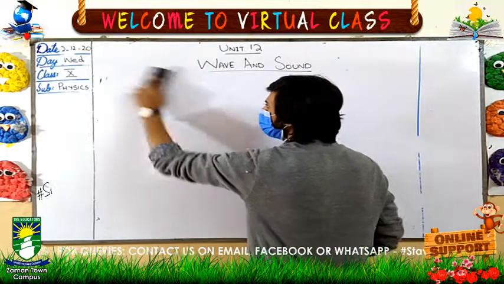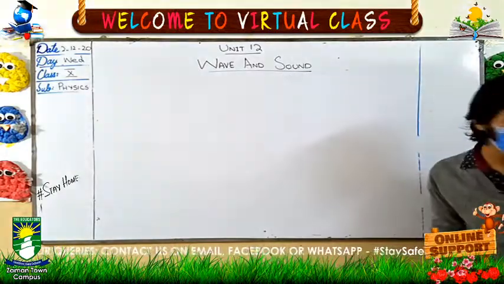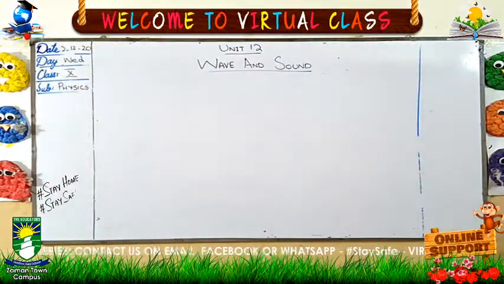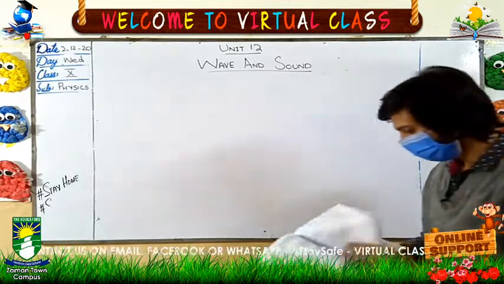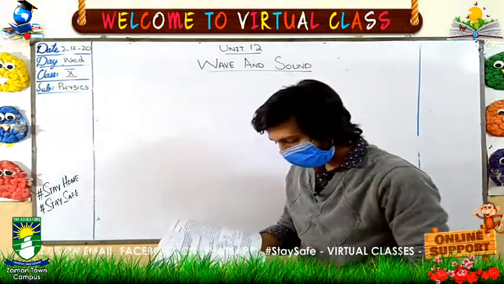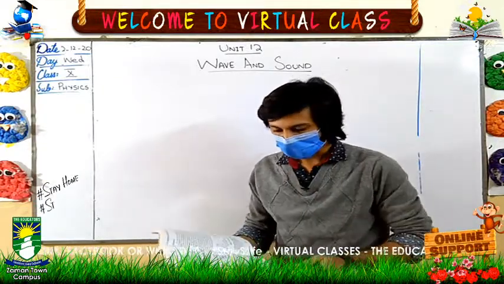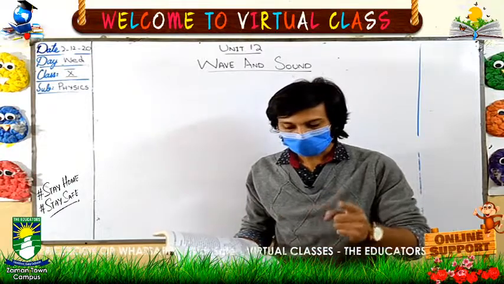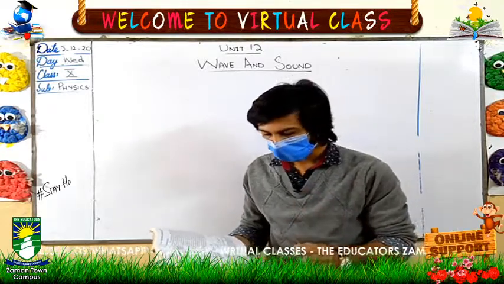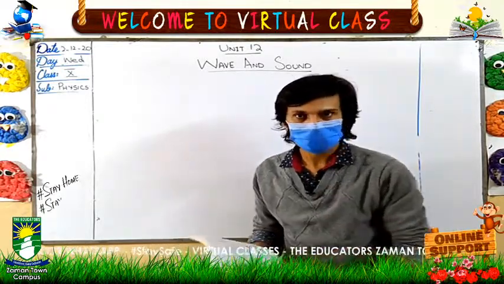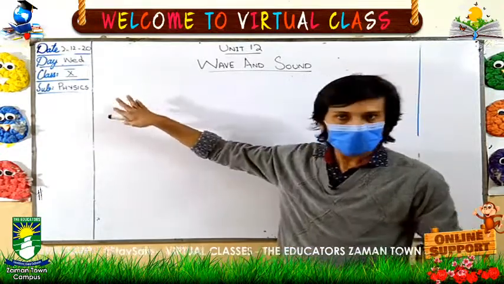In the first problem, we have to find, I think, the time period. The problem is on page number 238, problem number 12.1. Okay, so I am reading this problem and maintaining the data.